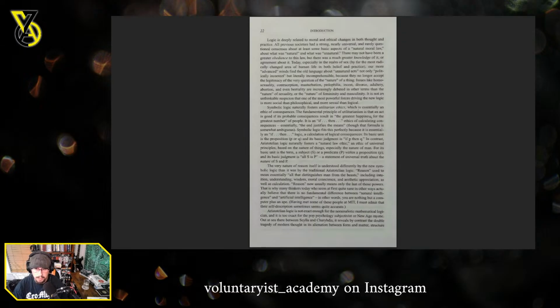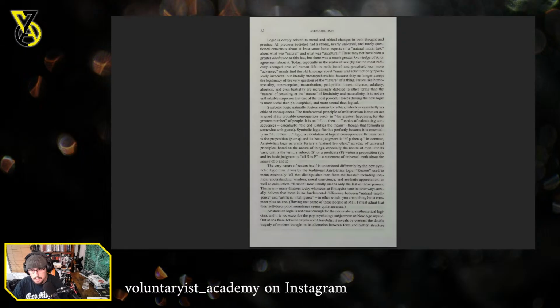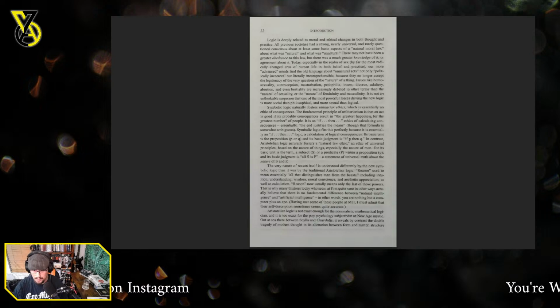Symbolic logic naturally fosters utilitarian ethics, which is essentially an ethic of consequences. The fundamental principle of utilitarianism is that an act is good if its probable consequences result in, quote, the greatest happiness for the greatest number, end quote, of people.